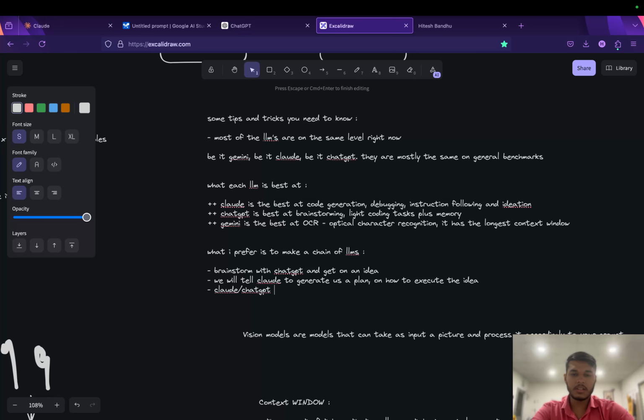Then the third point, we will again use Claude or ChatGPT. Once you have a high quality plan, you can actually give it to a smaller LLM, saying this is my task, this is the plan you have to follow and execute. If given a good enough prompt, most of the models will follow. Some will follow better, some a little less.